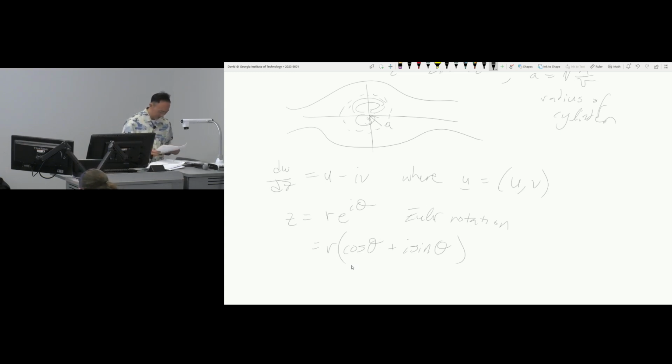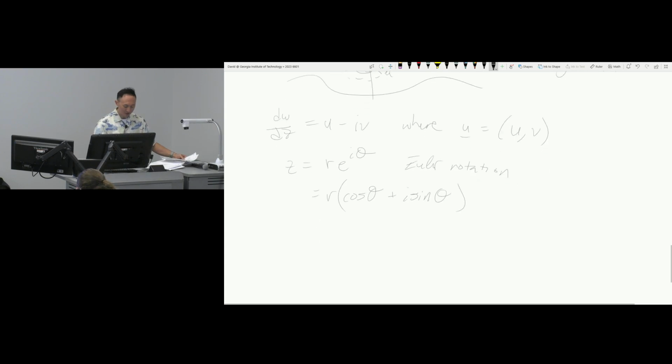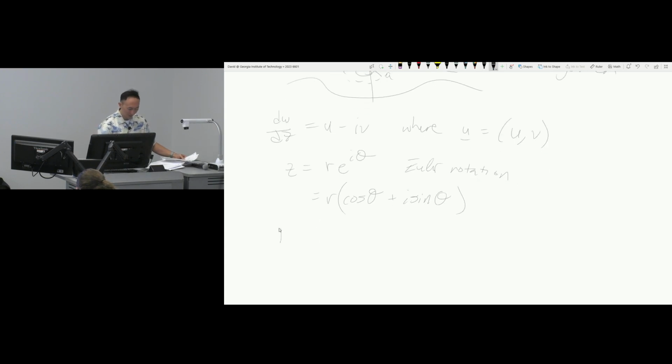Part B, figure out the stagnation points. Part 3, integrate the drag. Remember the force on the cylinder, F is equal to the integral of negative P n hat dA. You're going to integrate this at the cylinder where r equals a.